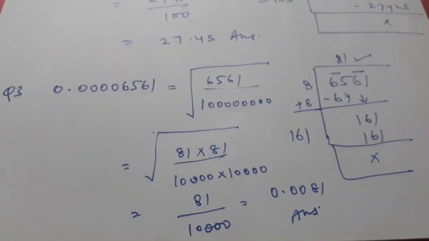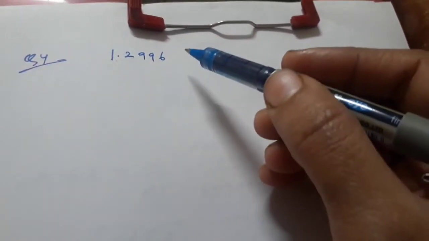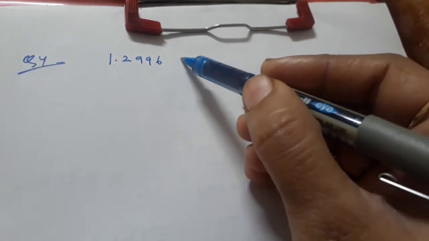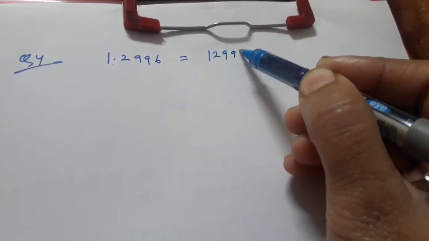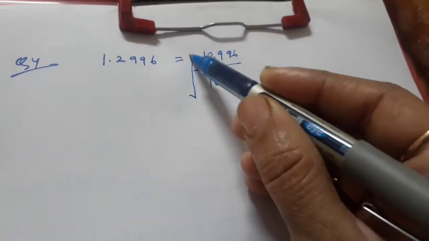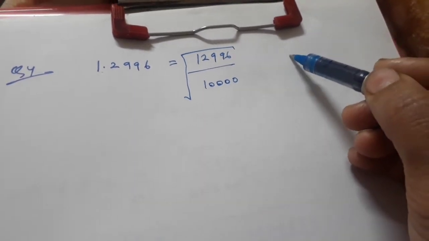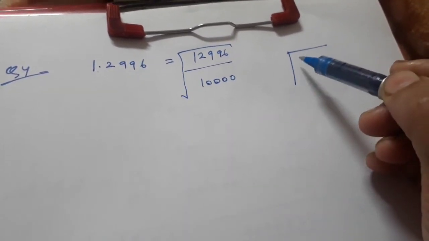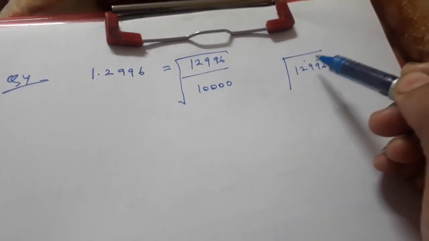Now let's proceed with question number 4. So the fourth part is 1.2996. Change it into a rational number. 4 zeros will be there. So to find the square root, we will adopt the method of long division. 12996, making the pairs.